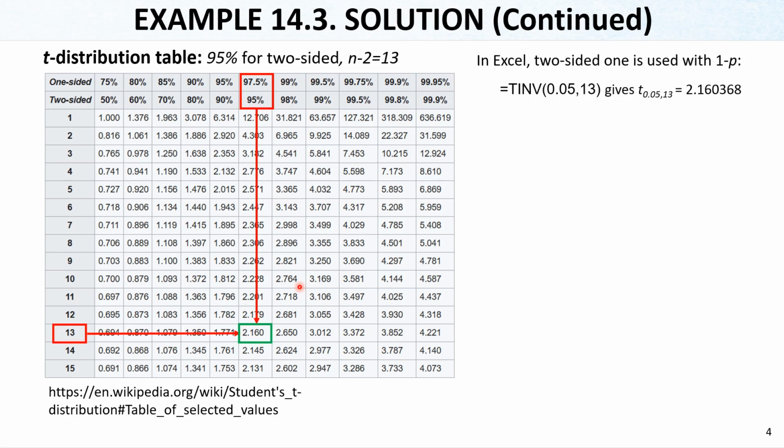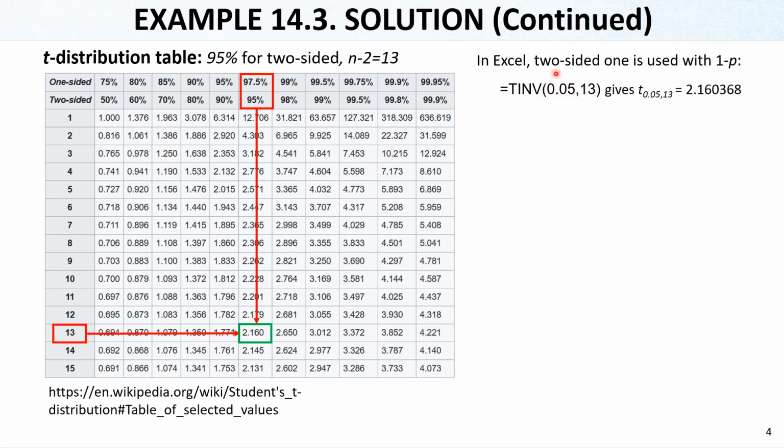But before that, I want to show that if, let's say, we don't have the table, but we have Microsoft Excel software, over there we can also calculate this value using this code actually. So for a two-sided test, with 1 minus p, p is our 0.05. If it's 95%, that means p basically is 0.95. When you subtract it, it becomes 0.05.